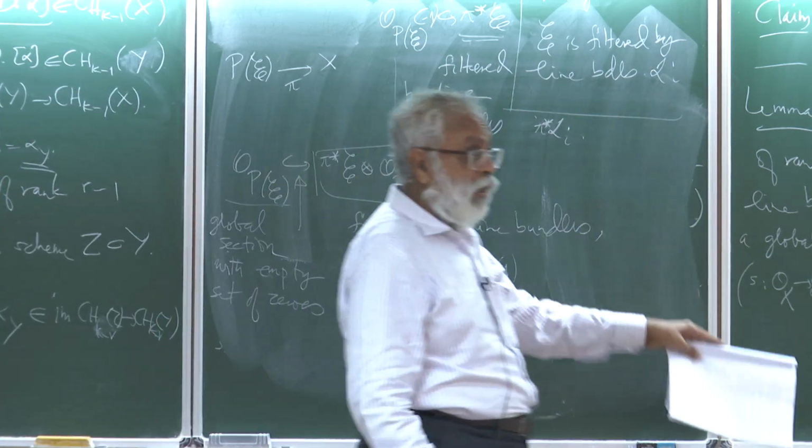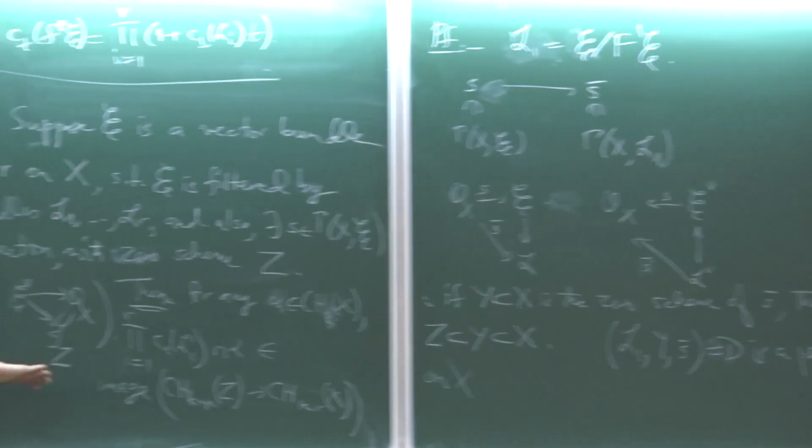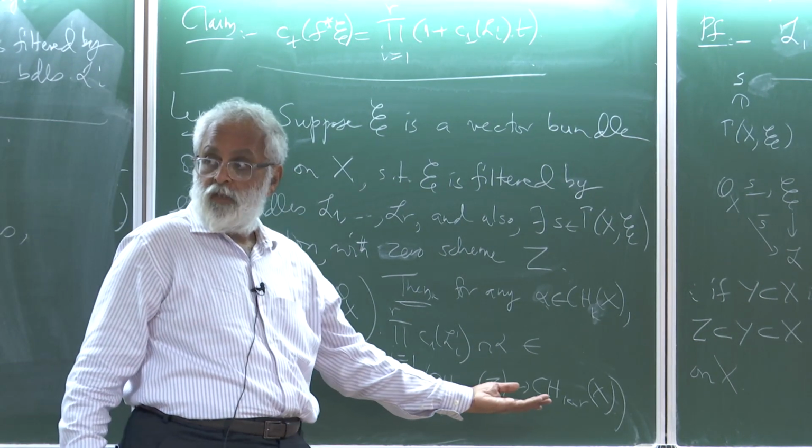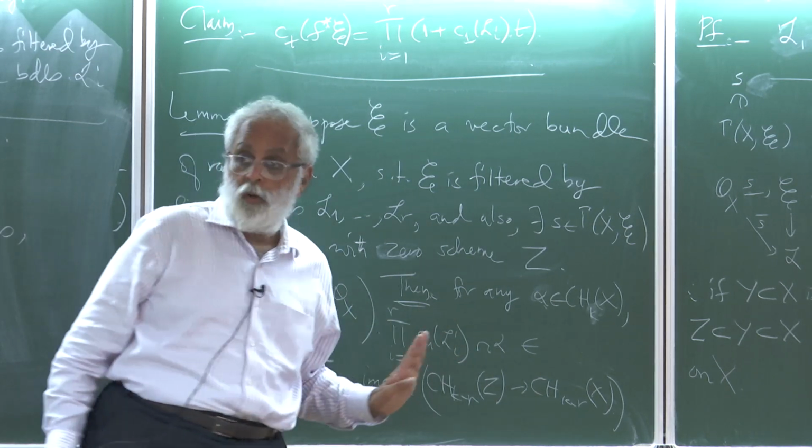So if I look at this lemma, the Z could have been the empty set. So of course the image of the Chow group of the empty set is 0. So that's just saying that the product is actually 0.